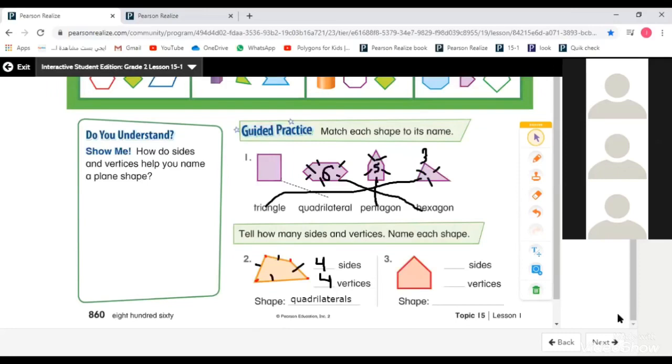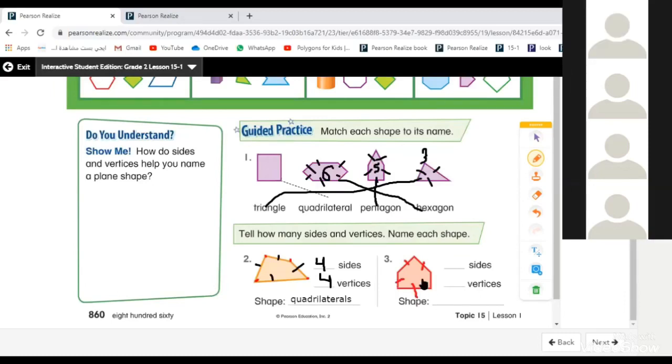The board. Okay. This shape. How many sides? 1, 2, 3, 4, 5. 5. How many vertices? 1, 2, 3, 4, 5. 5.